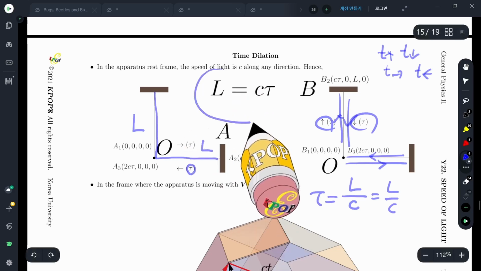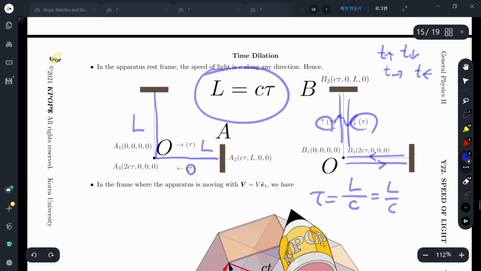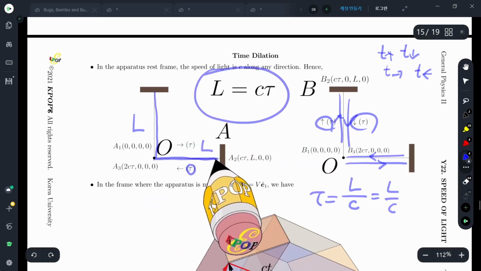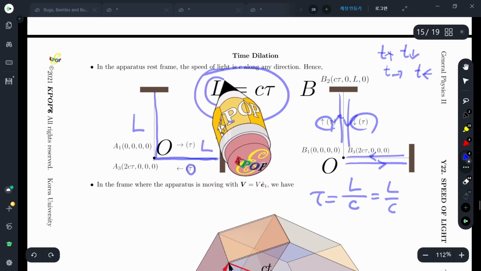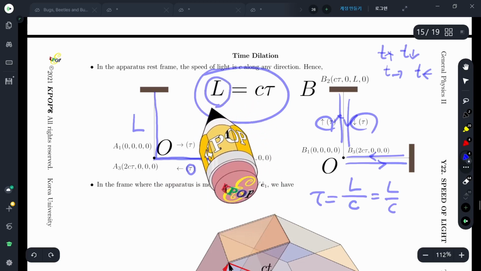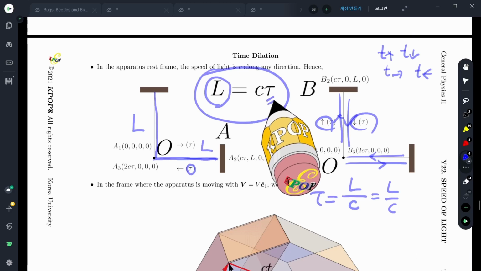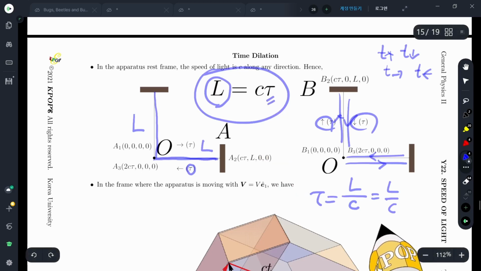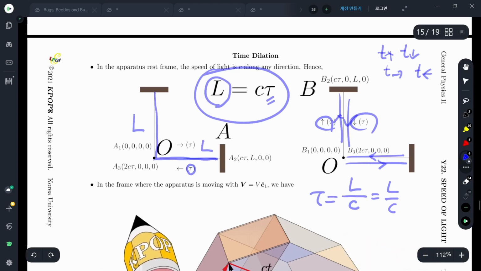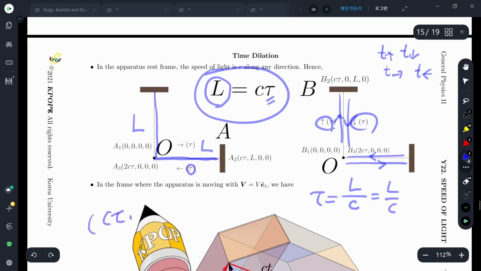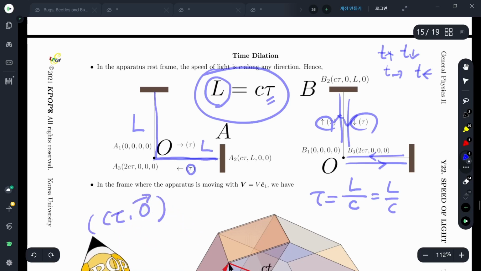So, the length of each arm, the length L, can be measured with the proper time. Although it is traveling with the speed of light, let's see. If something is not moving, time is measured in such a way: c tau, comma 0.